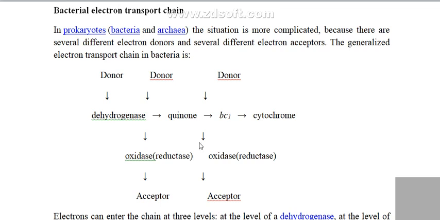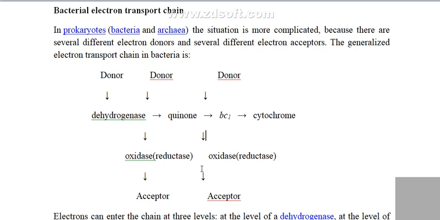But in anaerobic condition, the reductase converts different other molecules like ammonia, nitrate, nitrite, ferrous, etc. They act as the last electron acceptor and are converted to their respective reduced molecules.